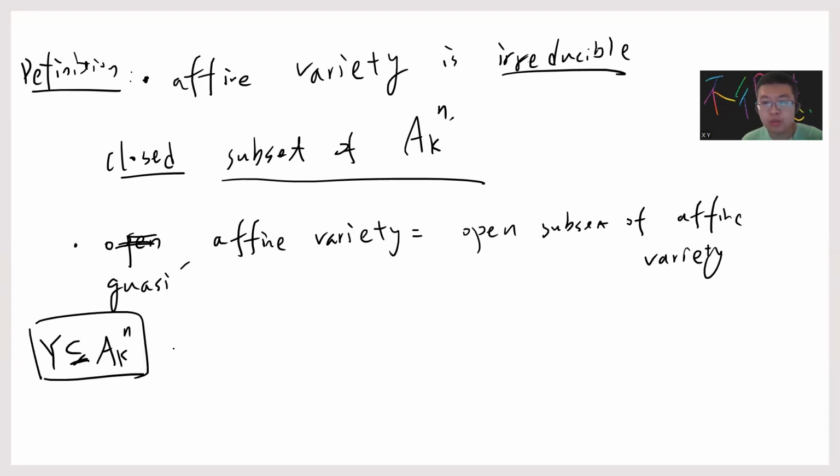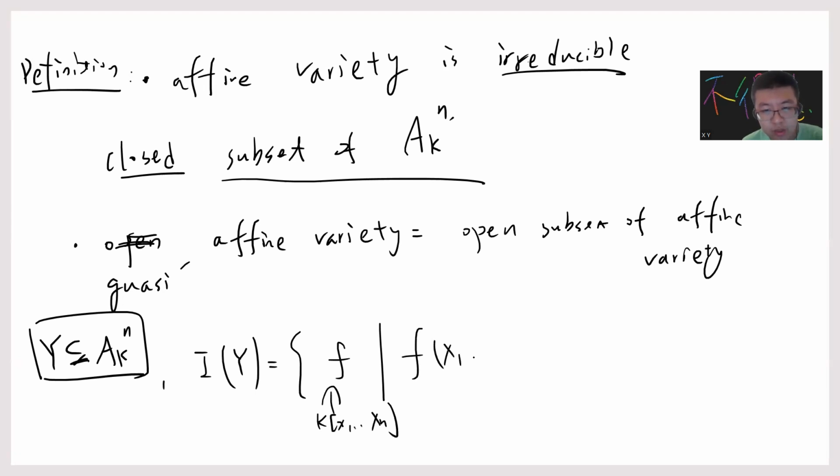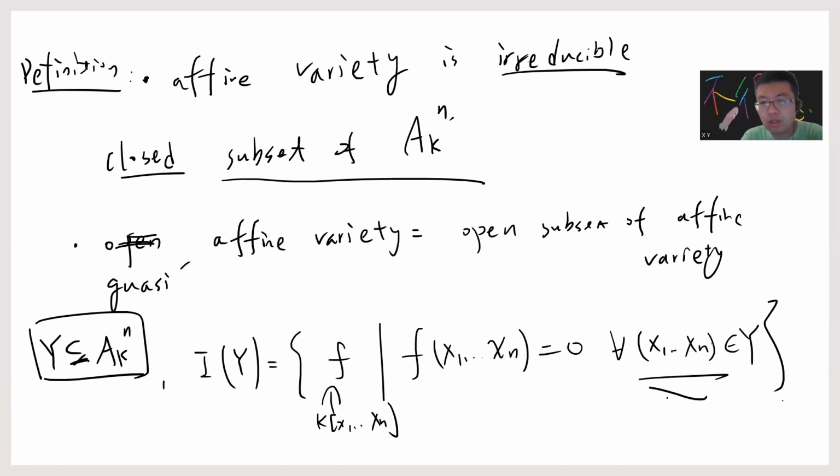You can ask what are the polynomials that vanish on Y. We define I(Y) to be the set of all polynomials f in k[x1,...,xn] such that f(x1,...,xn) = 0 for all (x1,...,xn) in Y. So you take some points and ask for the set of polynomials such that every polynomial vanishes on every point of Y.